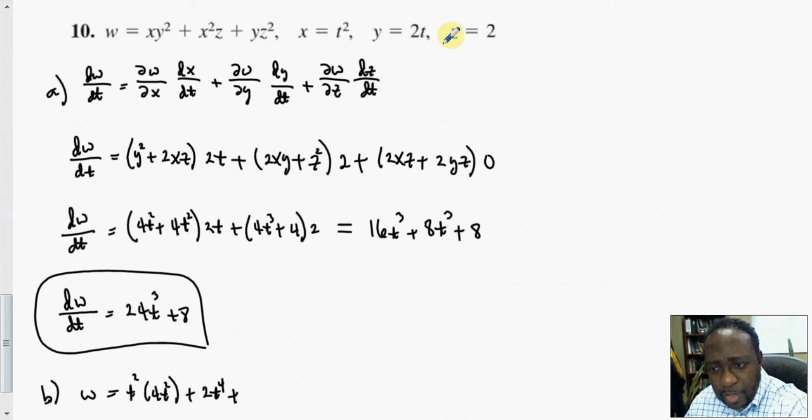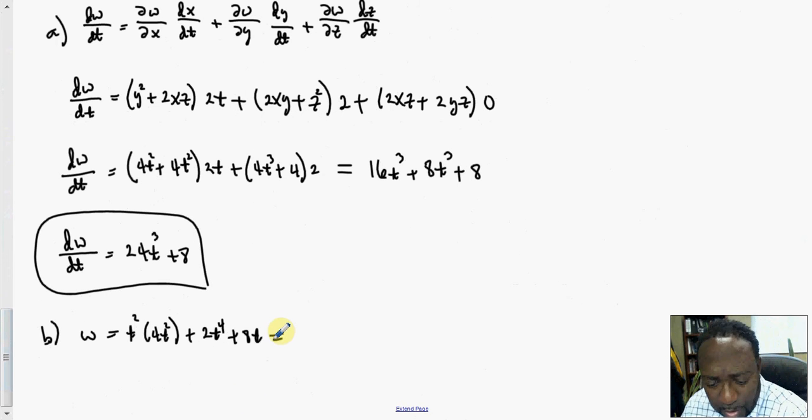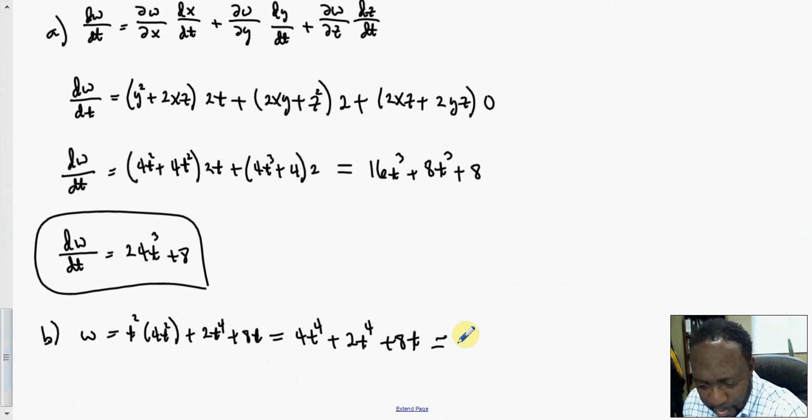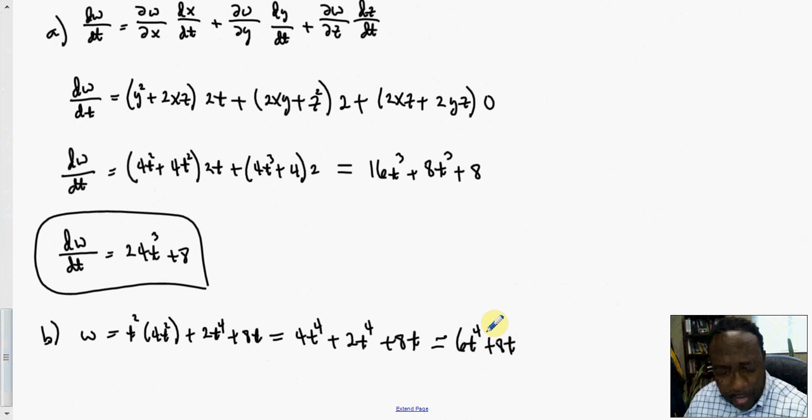Y is 2t times z squared, that's 4, so that's 8t. We can simplify that. So this is 4t to the fourth plus 2t to the fourth plus 8t. Simplify that again, we get 6t to the fourth plus 8t.